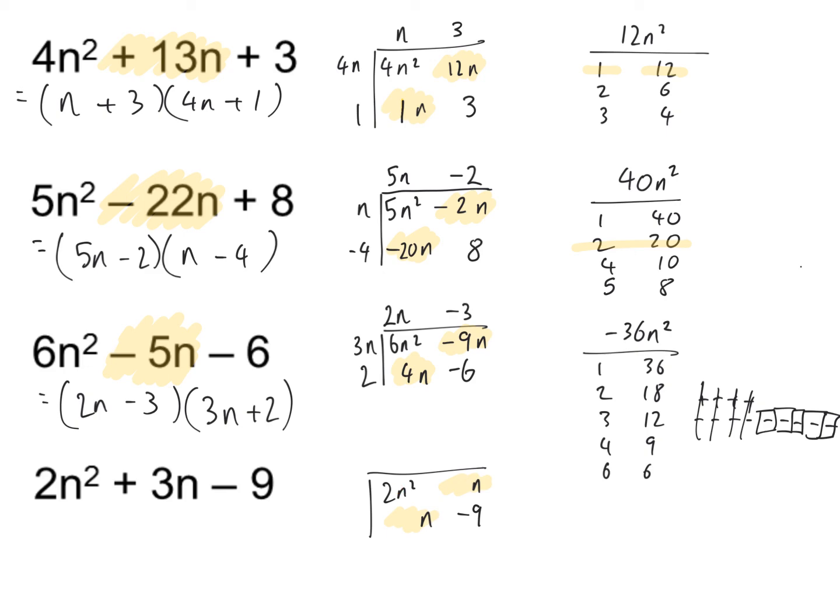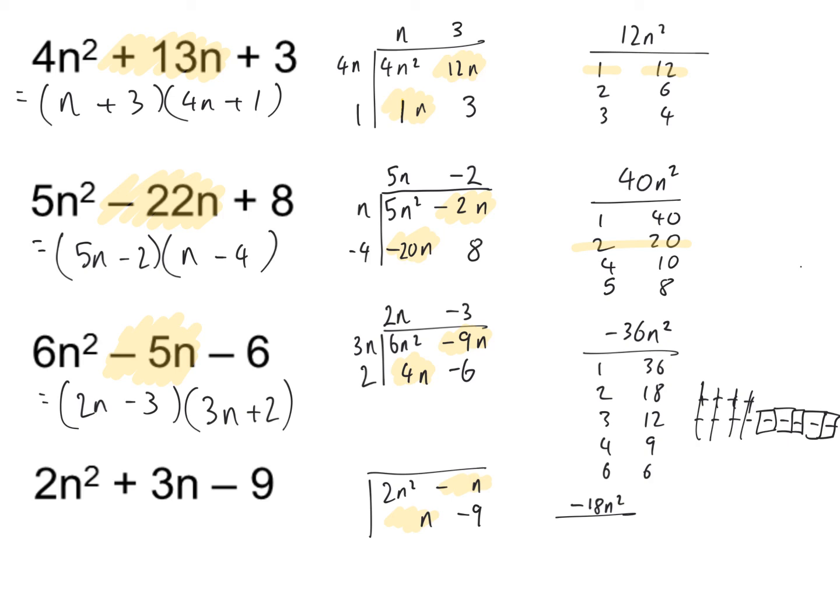The 2n squared times minus 9 gives me minus 18n squared. My two yellow boxes here will also need to multiply together to give me that minus 18n squared. So this means one of them needs to be negative and one of them needs to be positive, because a negative times a positive gives me a negative.